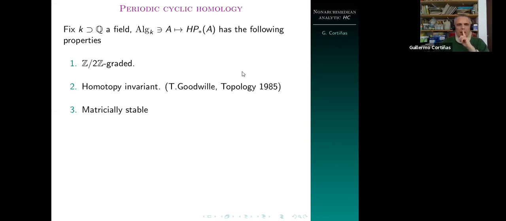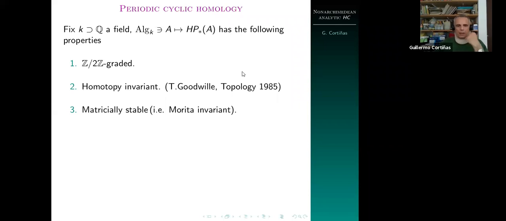It is also matricially stable, by which I mean that the inclusion of an algebra into M infinity, the finite matrices with coefficients in the algebra of arbitrary finite size, the inclusion in the upper left-hand corner, induces an isomorphism in HP. From this, you can derive Morita invariance for unital algebras in the usual sense of Morita invariance.